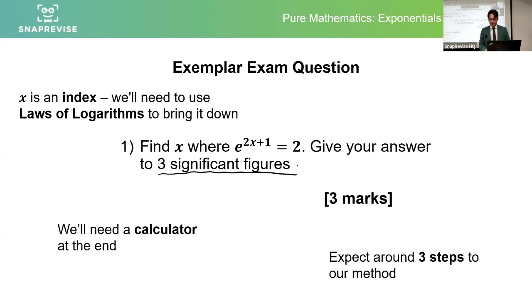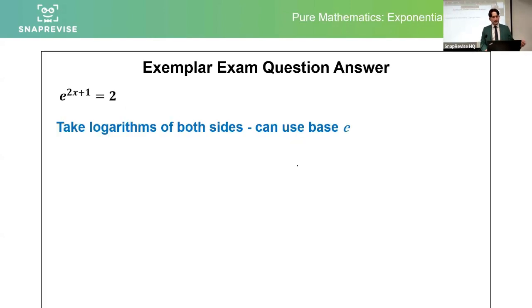Okay, right, let's begin to go through it. So hopefully I'm giving you enough time to have a head start, but we are pushing on at a bit of a pace. So e to the 2x plus 1 equals 2. First thing we're going to do is take logarithms of both sides, specifically log base e, which we call ln of x. We denote it as that.